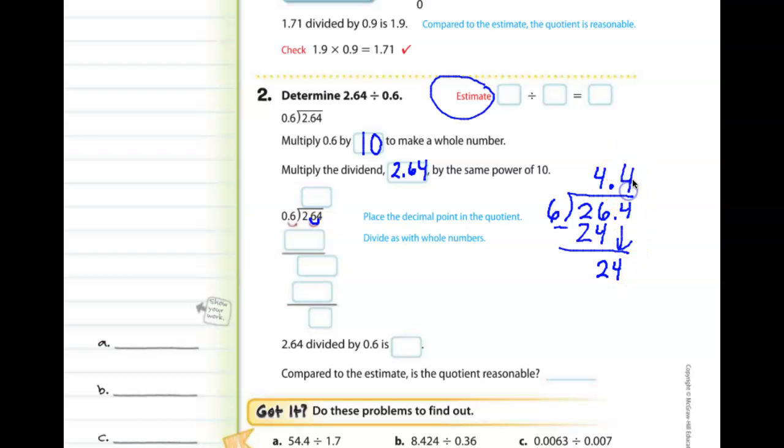So 4 times 6 is 24. I lost my mind, sorry. And so we end up with the quotient of 4 and 4/10. So 2 and 64/100ths divided by 6/10 is equivalent to 4 and 4/10.